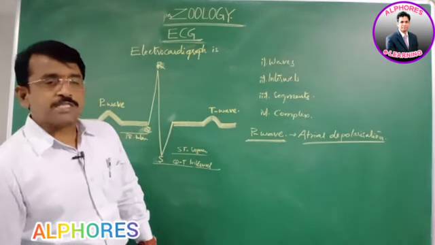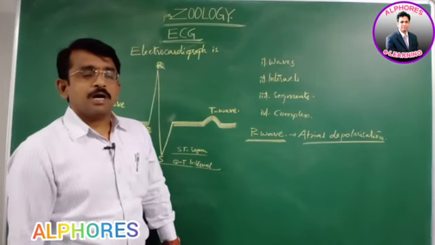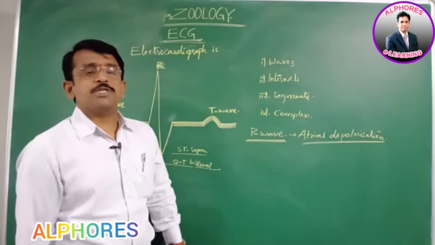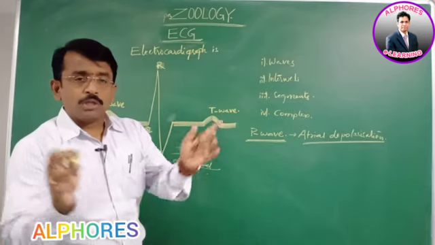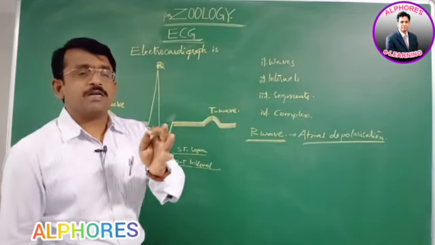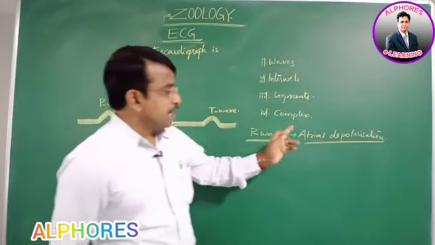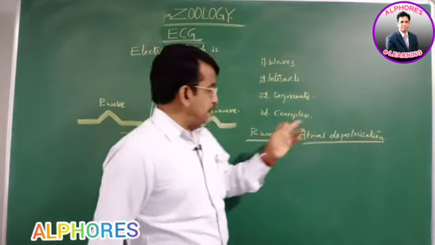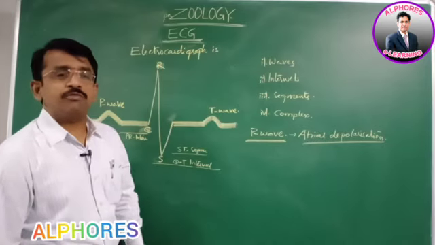That is, the sending of the action potential from SAN to the atrial walls results in atrial contraction, that is atrial depolarization, which is the P wave.